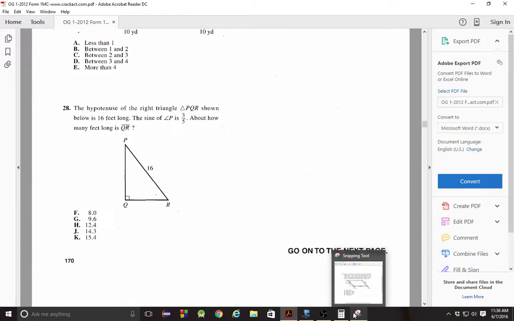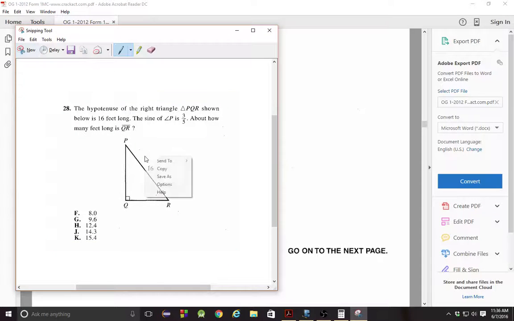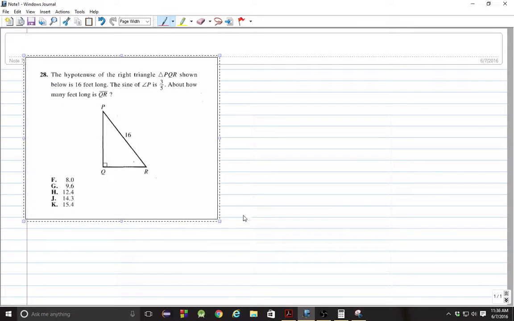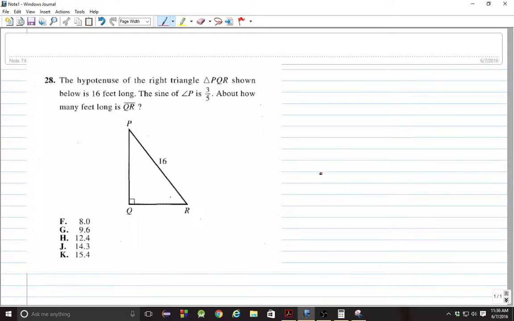Now we go on to number 28. The hypotenuse of the right triangle PQR shown below is 16 feet long. The sine of P is 3/5. About how many feet long is QR? Okay, so this is interesting.